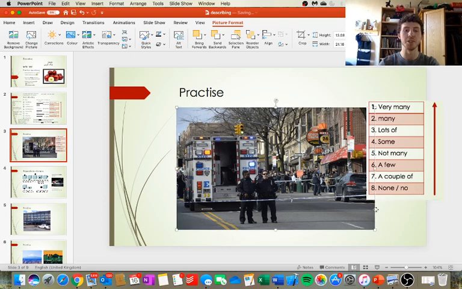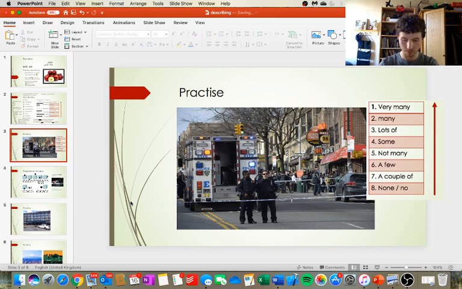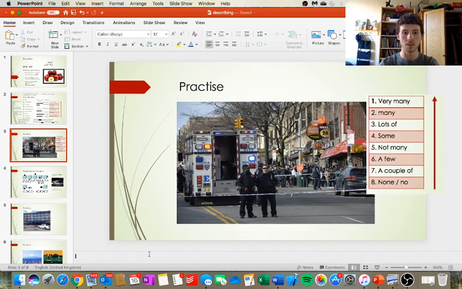So what can you see? What is in the picture? So we can say there are, or in the picture, there are.